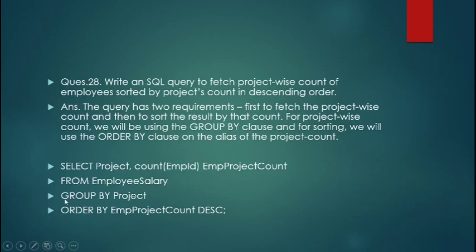So anything mentioned with the group by should be present along with the select statement. Order by employee project count, that is this column, descending. Descending means it will start from 100, 99, 98, 97 and go down till 0 or 1.